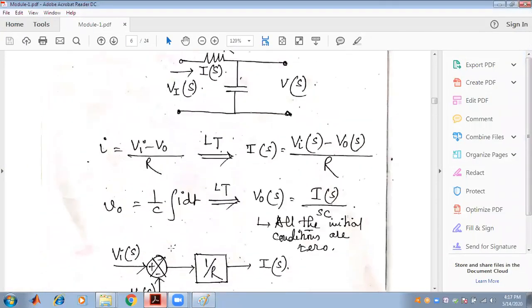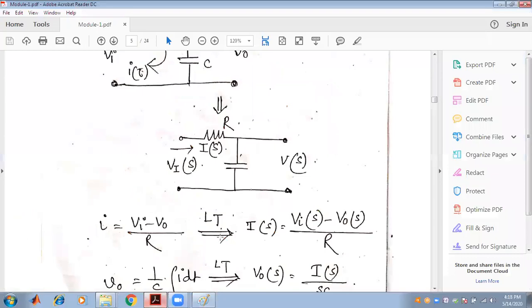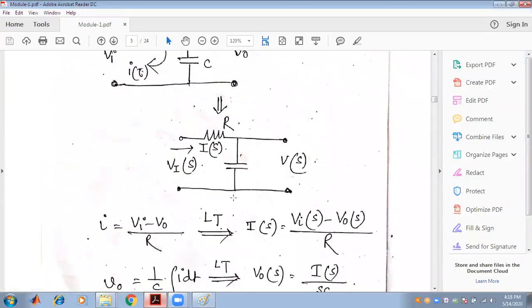The current can easily be found: it is the voltage difference between the two parts, that is Vi minus V0, divided by the resistance R. This is the general equation of i(t). It is given that i(t) equals Vi minus V0 by R.